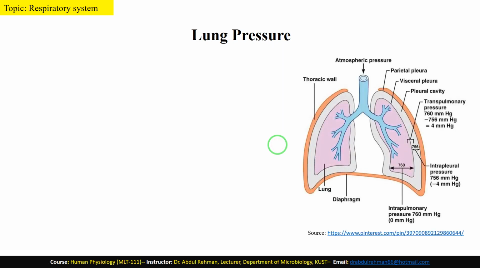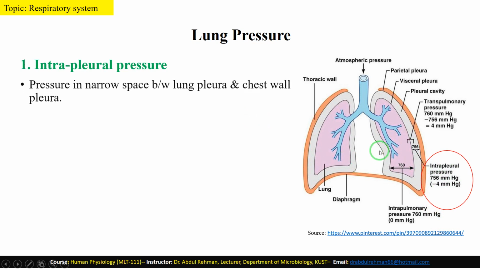After this, the next is lung pressure, as the lung contains different regions and different pressures exist in different portions of the lungs. Like intrapleural pressure, which is the pressure existing between the lung pleura and the chest wall pleura.